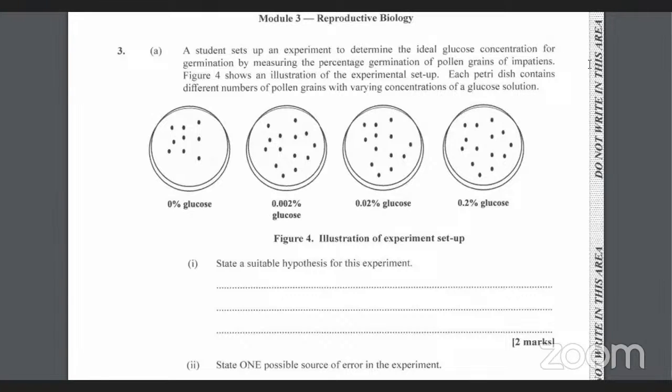Figure 4 shows an illustration of an experiment setup. Each petri dish contains different number of pollen grains with varying concentration of a glucose solution. So state a suitable hypothesis for this experiment.